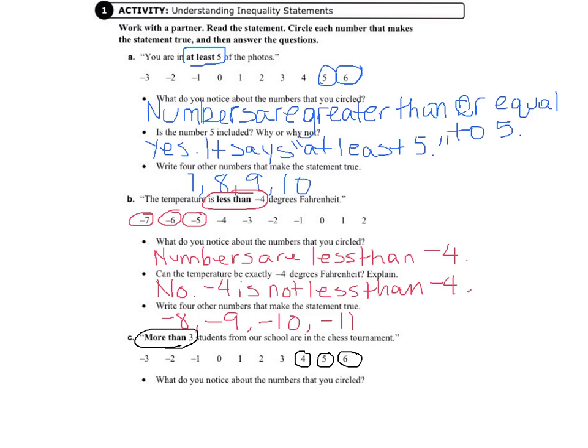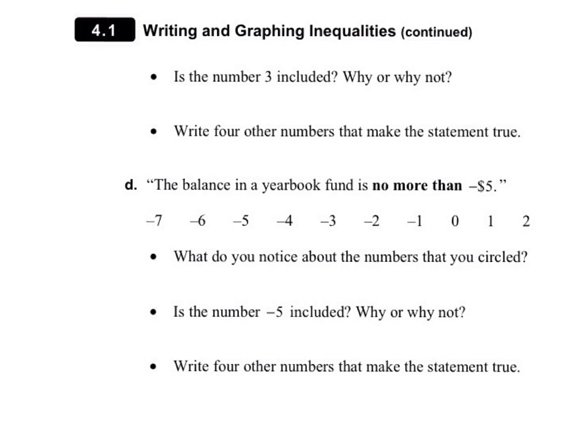And so what we notice about the numbers that we circled is that they are all greater than 3. And the next question we have there is the number 3 included? Why or why not? And the answer is no, it's not included because 3 is not greater than 3. So we'll go ahead and write that.